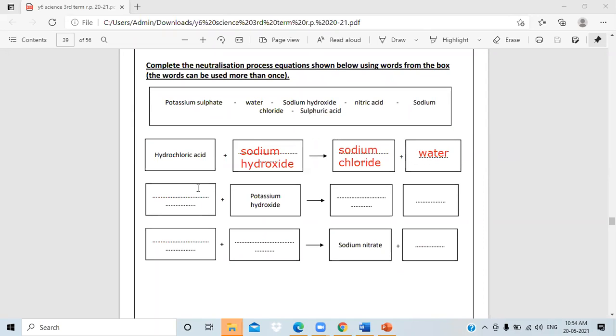The next one, Yasin Abdelhamid, are you there? Yes. Okay, so we need to react the potassium hydroxide with an acid. What do you think will be the acid? Potassium sulfate. An acid. Is potassium sulfate even an acid or an alkali? No. Okay, you're looking for an acid.